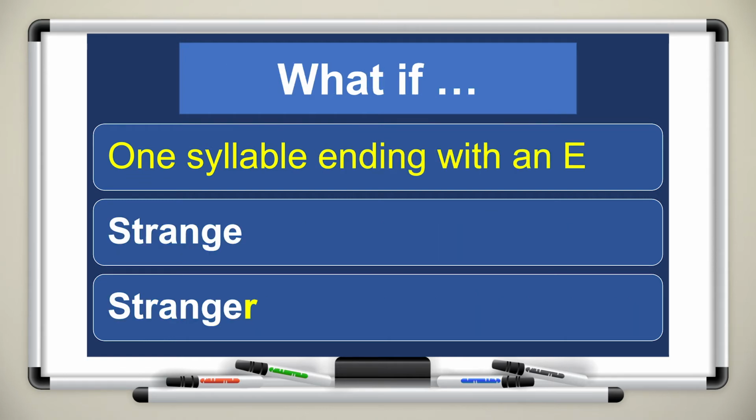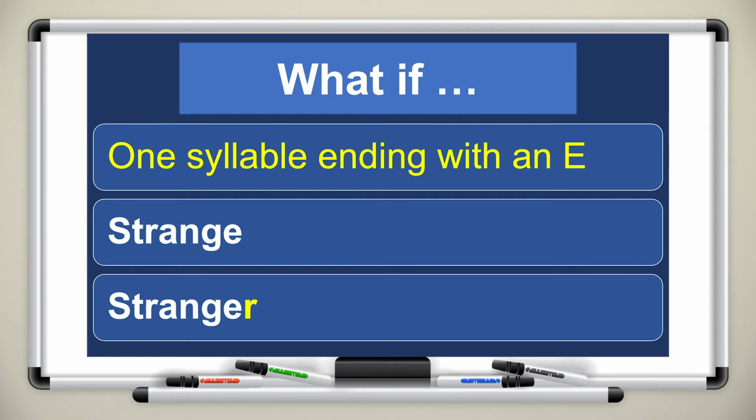Now, the one syllable ending with an E. For example, strange. So the word strange ends with an E and it's one syllable. So I will say stranger. I will not add double E because I already have one. So I will simply add an R at the end of the word.